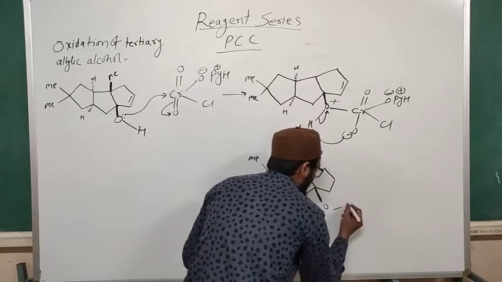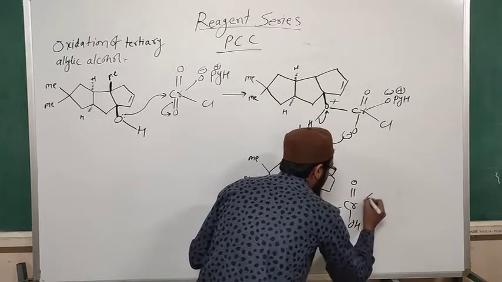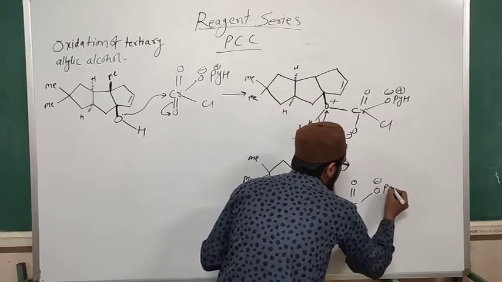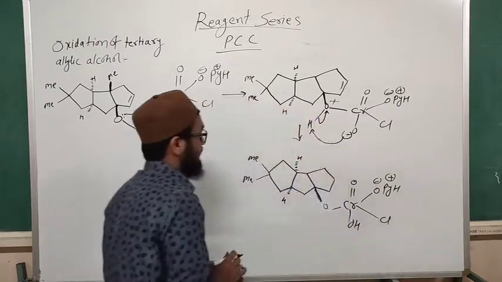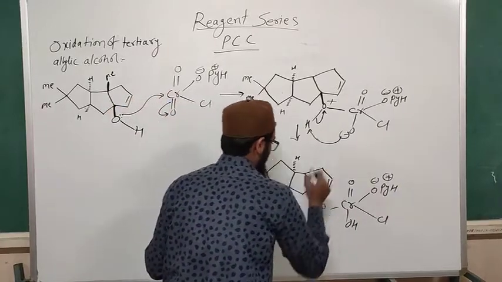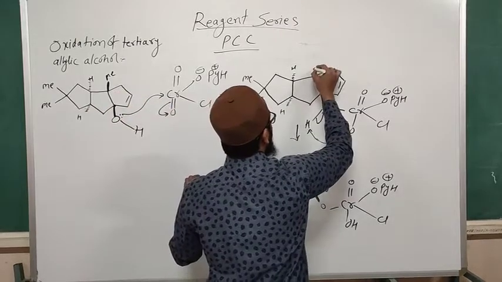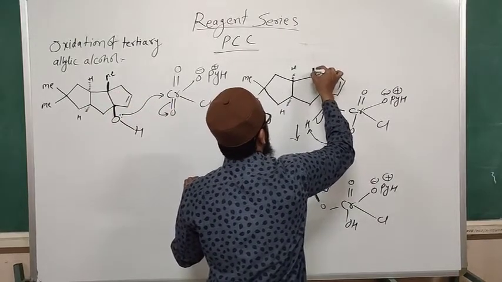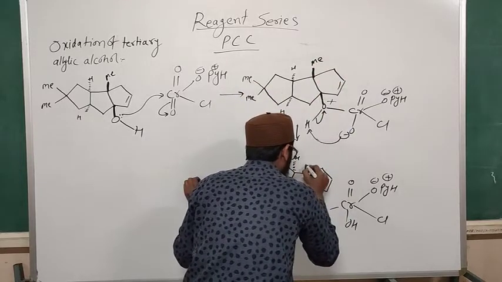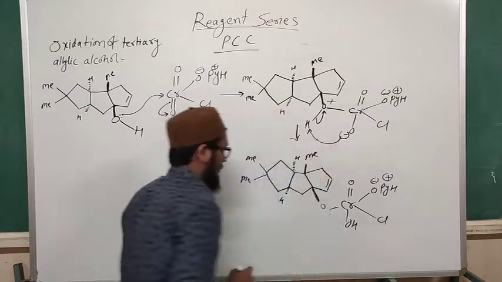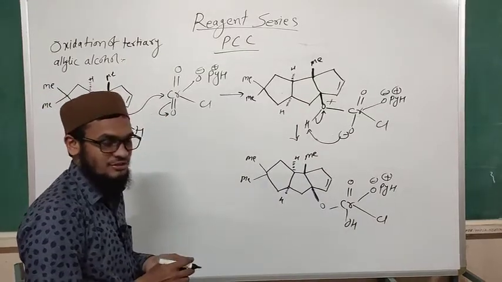Let me write chromium, double bond O, single bond OH, single bond O negative, PyH positive, single bond chloride ion. Now what else? This one oxygen. We have methyl group also here. Look, I forgot to write. Let me write methyl here. Here also methyl. Okay.